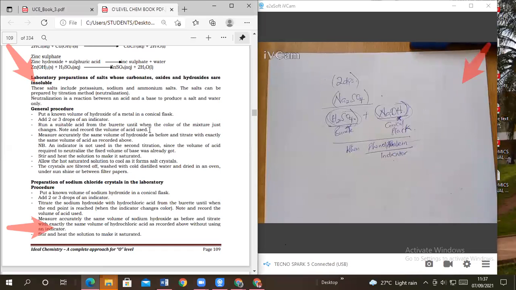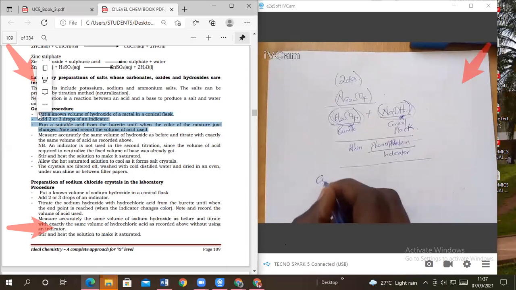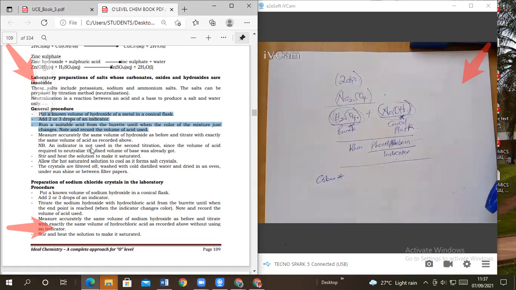Now, this is like you are trying out whether a salt can be formed. This is a trial. We don't need that color in our salts. Okay? So we remove the indicator. We don't use the indicator. That's why we say, now go back to the same. After knowing the volume of the acid you use, you measure accurately the same volume of the hydroxide used as before.